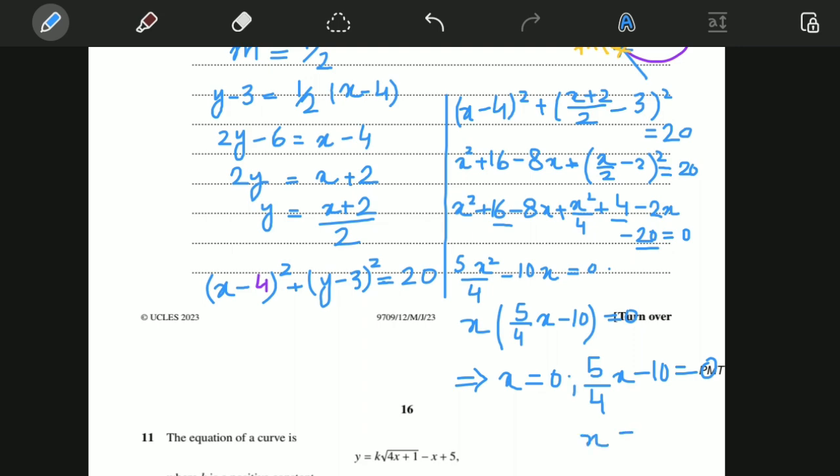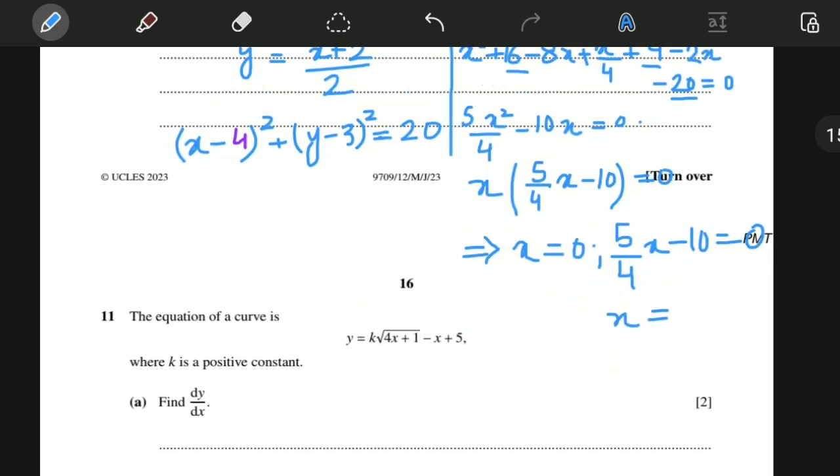Or x is equal to 10 into 4 by 5. So this will become 5 to the 10, 4 to the 8. So solving this all will give you x equals to 8. So these are the two values of x.